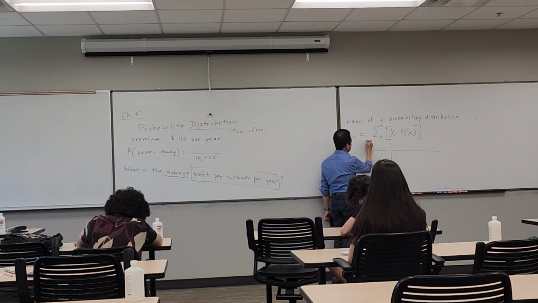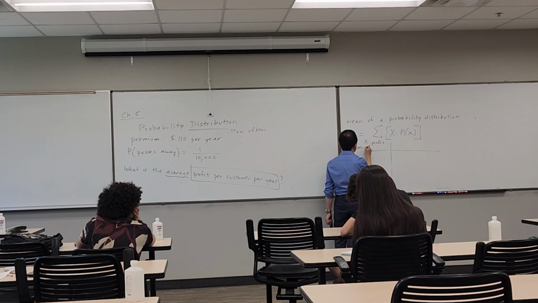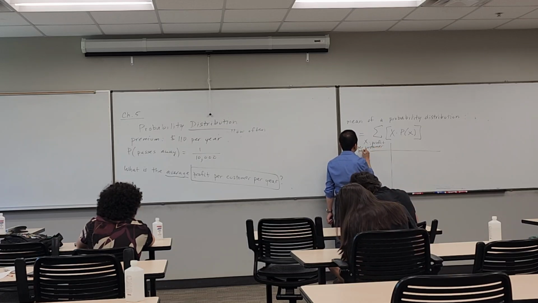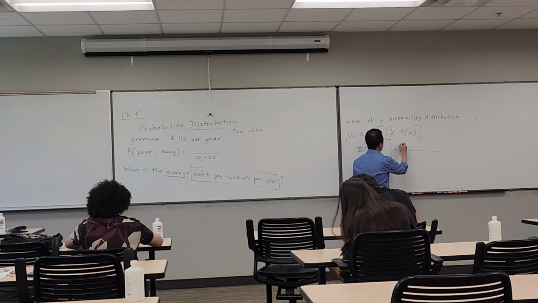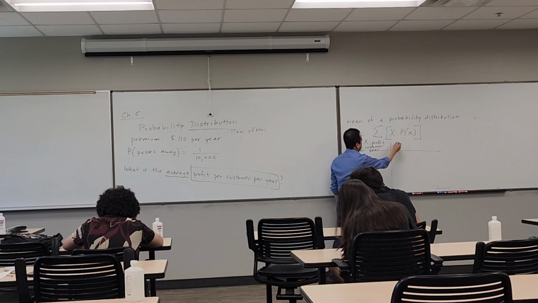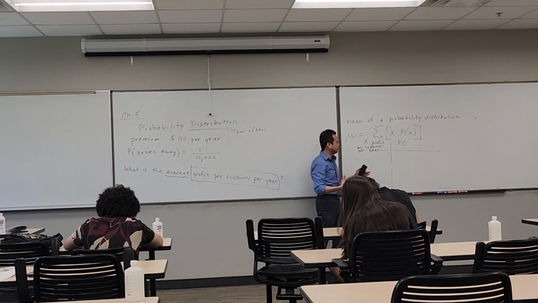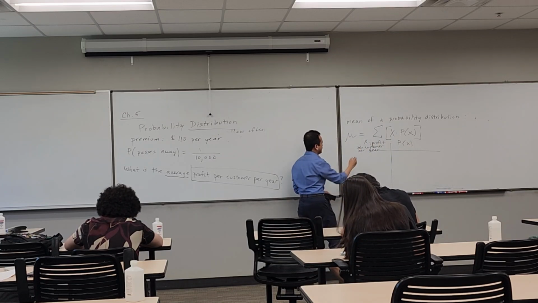So in our distribution, our variable is going to represent the profit per customer per year. And the other column will represent the probability of each of those values occurring. So that would be called P of X.